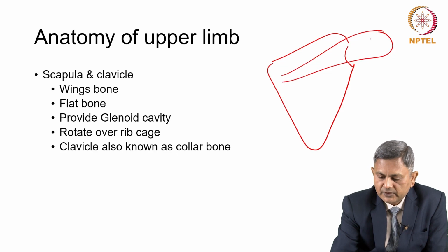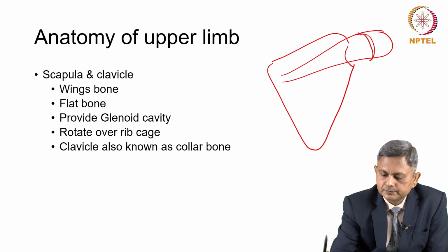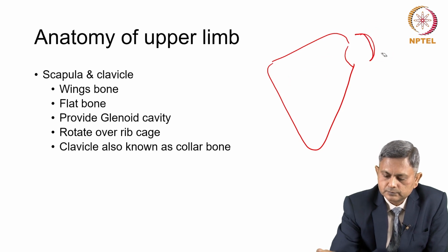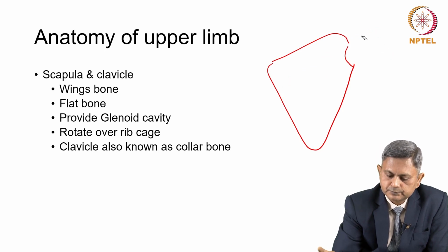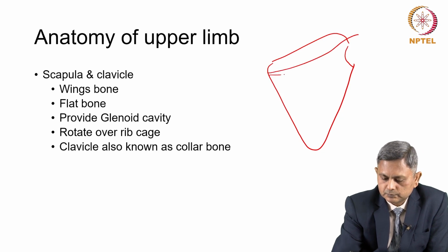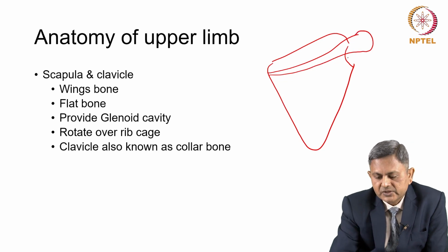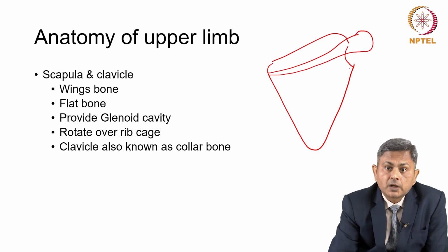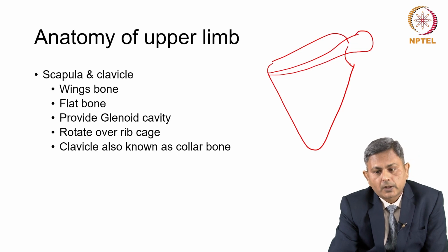This process is known as the acromion process. And that shallow cavity is the glenoid cavity.